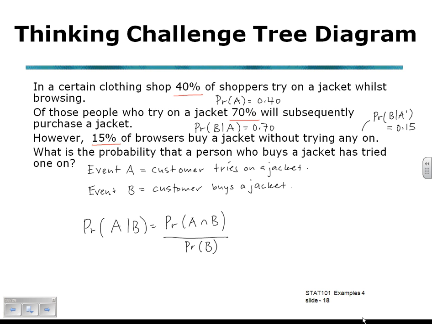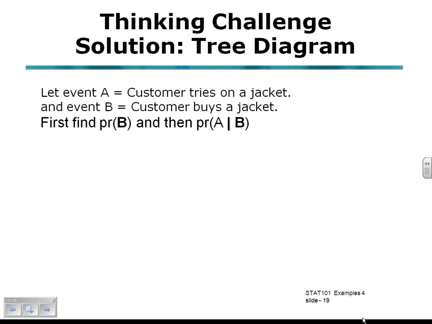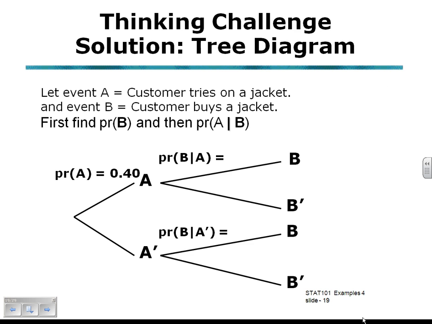So transferring those values that we've just found onto a tree diagram, we were told that the probability of A was 0.4, the probability of B given A was 0.7, and the probability of B given A dash was 0.15. B given that the complement of A has already happened, 0.15. We can then proceed to complete the tree diagram.